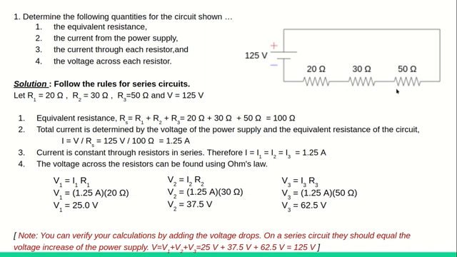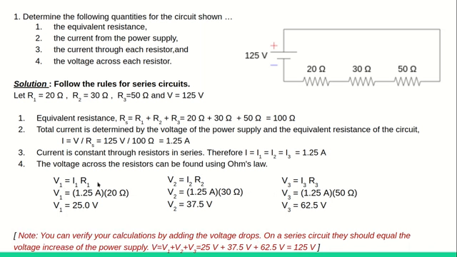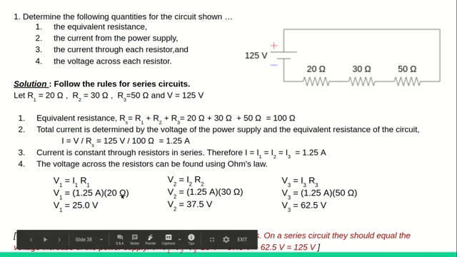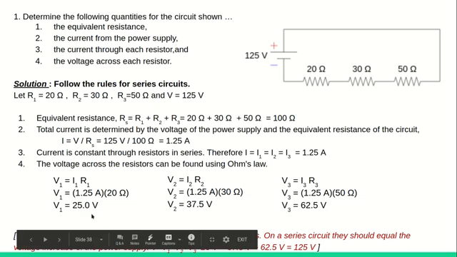resistance of the resistors. So the next one, voltage across each resistor, we find out using Ohm's law, V equal to IR, where R is different for all the three resistors. So we have V1 is equal to I1 R1, 1.25 into 20 ohm, which will be 25 volt.